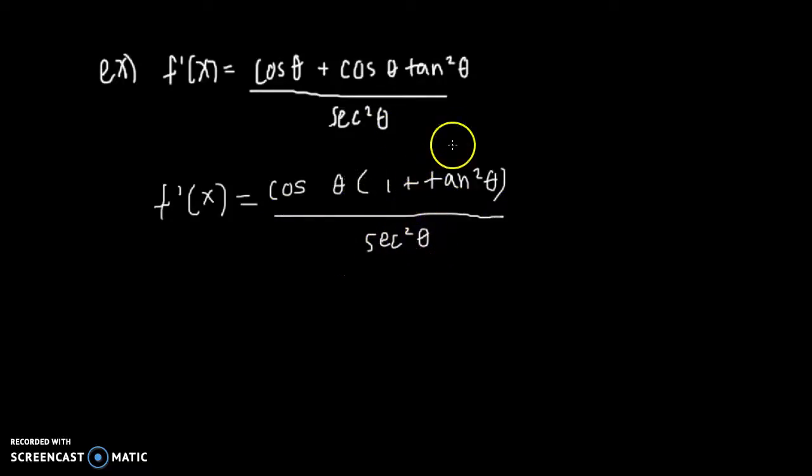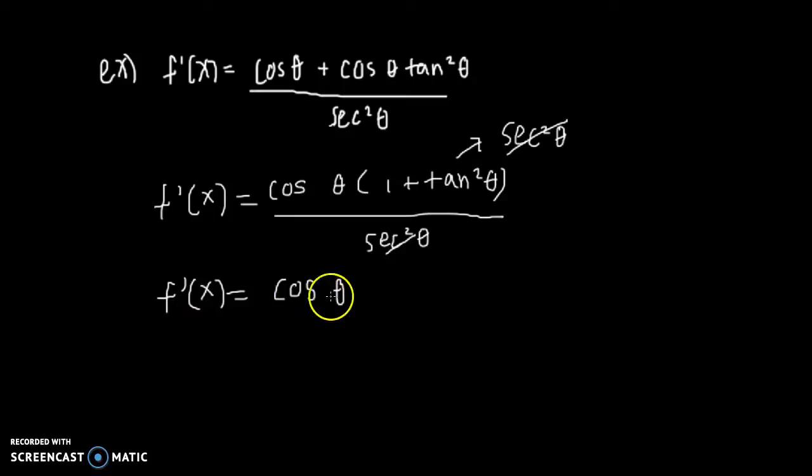And now we're going to use the trig identity we know: 1 plus tangent squared theta is secant squared theta. So we're just going to cancel this out. So f prime of x is cosine theta, and we have to find the antiderivative of cosine theta. So f of x equals sine theta, and then plus c.